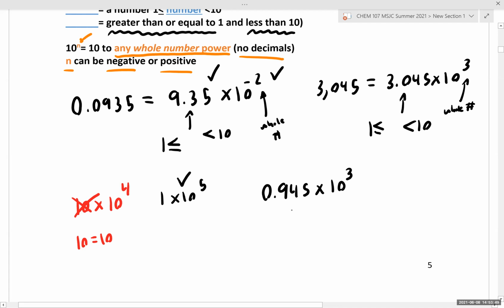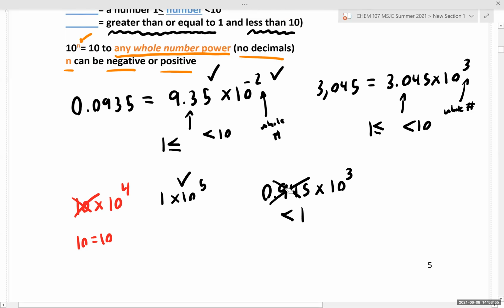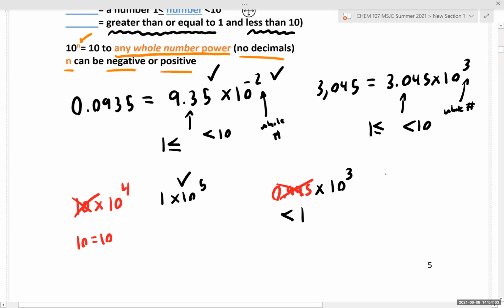Exactly right. 0.945 is less than 1, so it's not a valid number when written in scientific notation. We can rewrite this number as 9.45 times 10 to the second. In that case, we now have a perfectly valid number as our base number is between 1 and 10, and our exponent's a whole number.